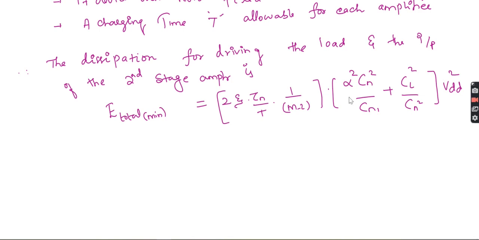So from this, the Cn2, that is nothing but the gate capacitance of the second stage, will minimize the dissipation.